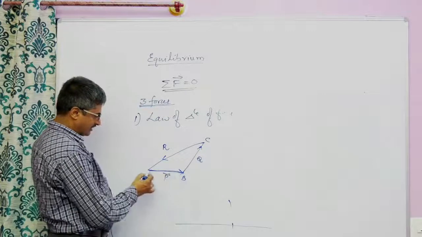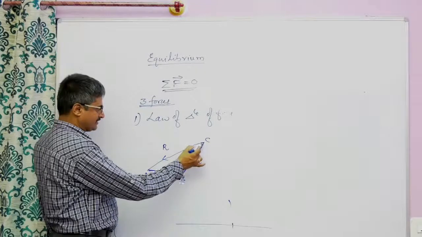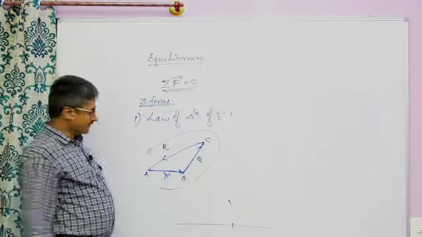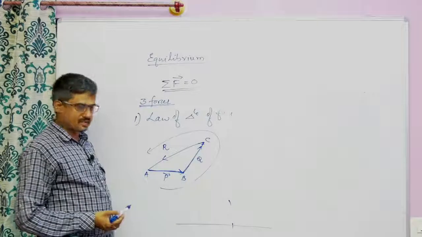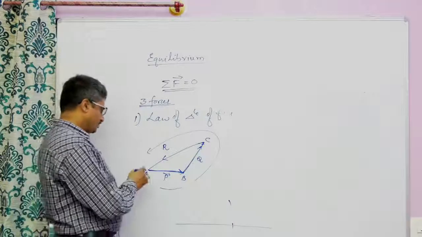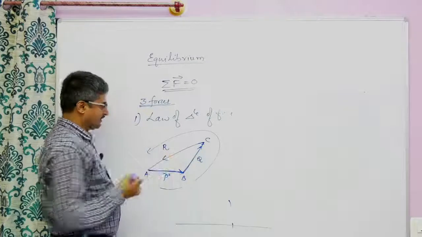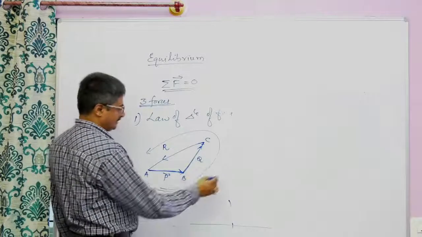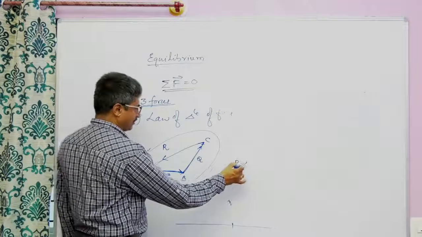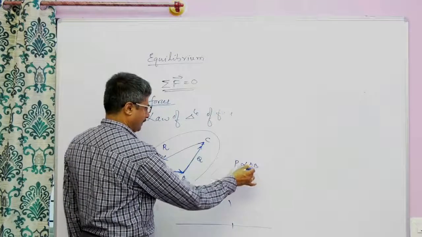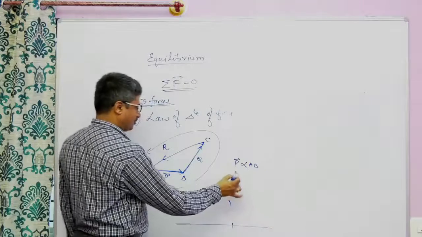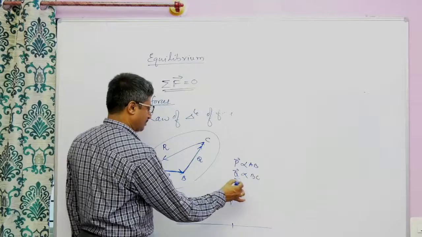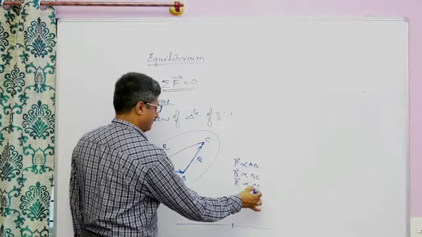Now these three forces are taken in order. These are the three sides. Order means cyclic order. Then according to this law, these forces are in equilibrium. So we have drawn this diagram by taking the force P proportional to the length AB, force Q proportional to length BC, force R proportional to length CA.